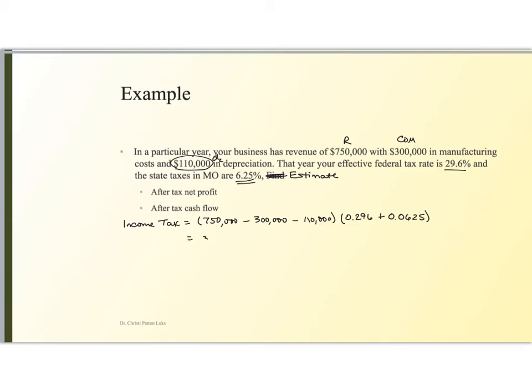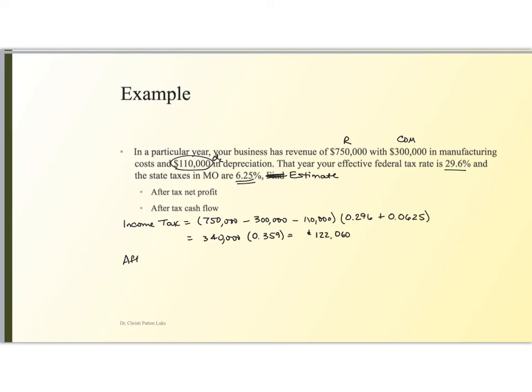So $340,000 times 0.359, meaning that the tax that I can estimate that I will owe is $122,060.